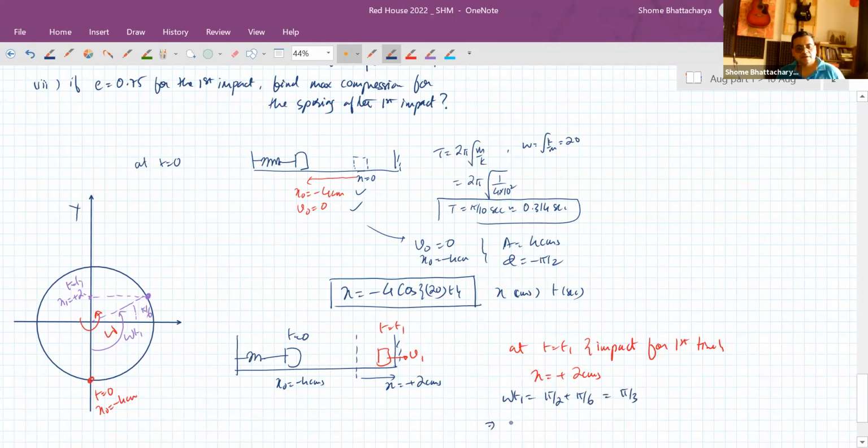So time t1 has to be equal to capital T by, sorry, 2 pi by 3. My mistake. So it has to be capital T by 3.